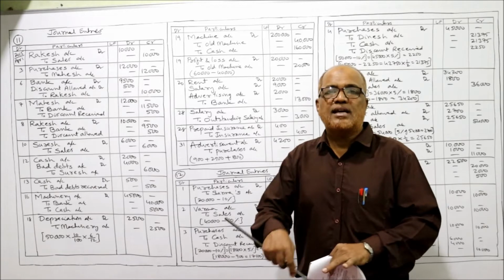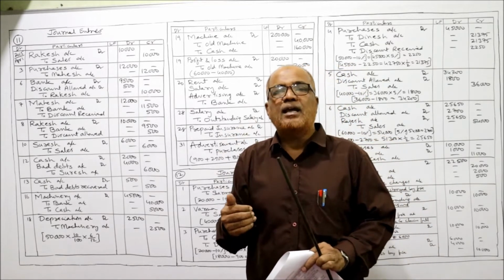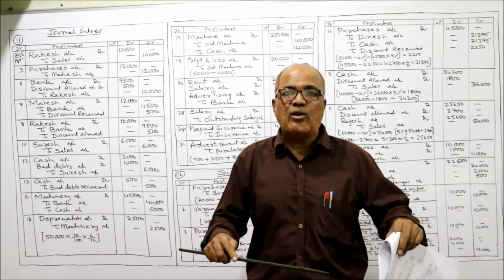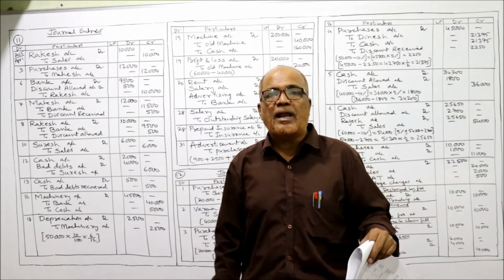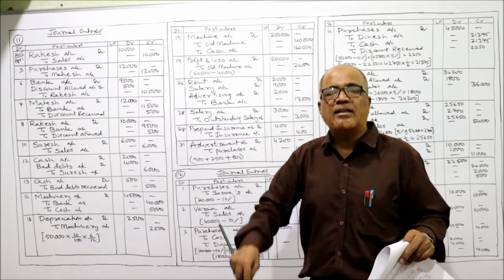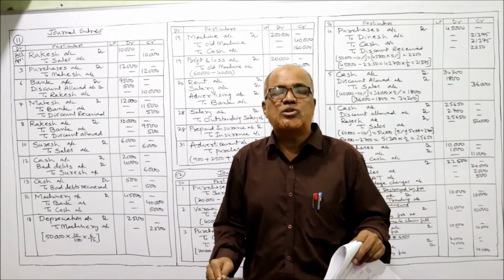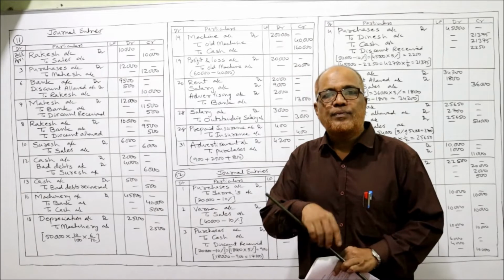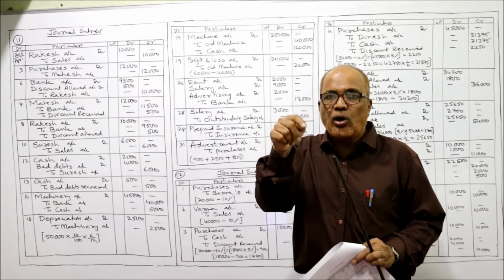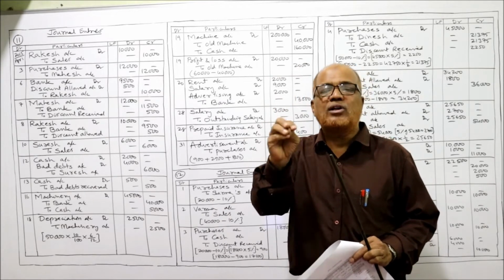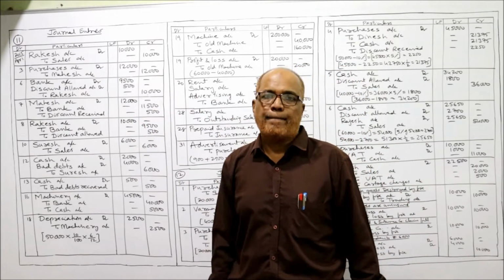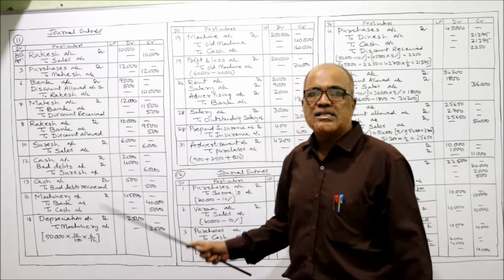Actually, book value is 60,000, but the supplying company agrees to take the old machine at 40,000. The new machine costs 2 lakh rupees. The old machine value 40,000. So 1,60,000 rupees we have to pay.